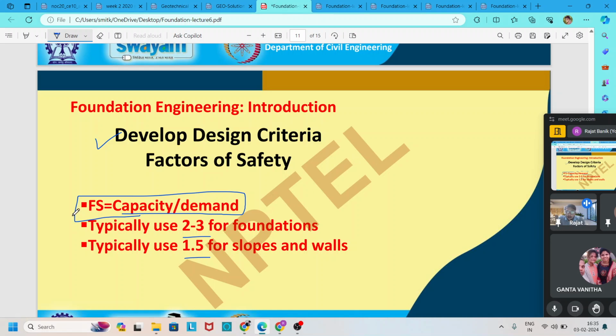By using the factor of safety, we actually reduce our uncertainty of failure. So it is very important for our structure, which is designed in a material which is very uncertain, like soil. So if the material is more uncertain, then the factor of safety should be more.